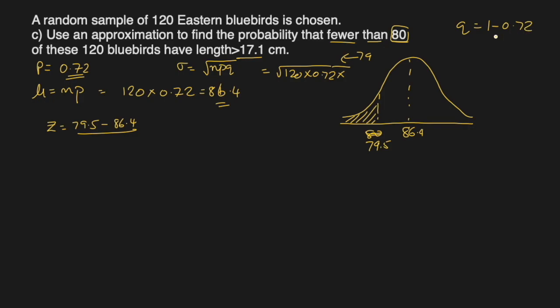The probability of failure of not finding greater than 17.1 centimeter will be 0.28. So 0.28. If I use my calculator, I get 4.918536 something. I can round it out to 4.92, 3 significant figures, and that's what I will use here.